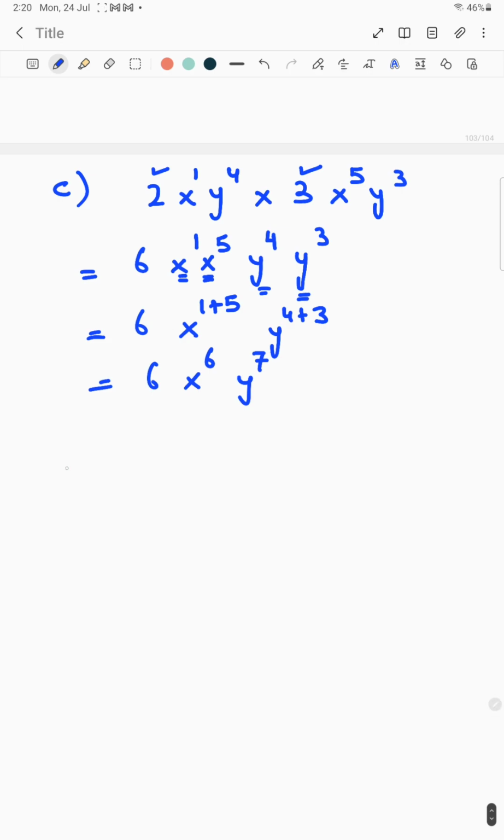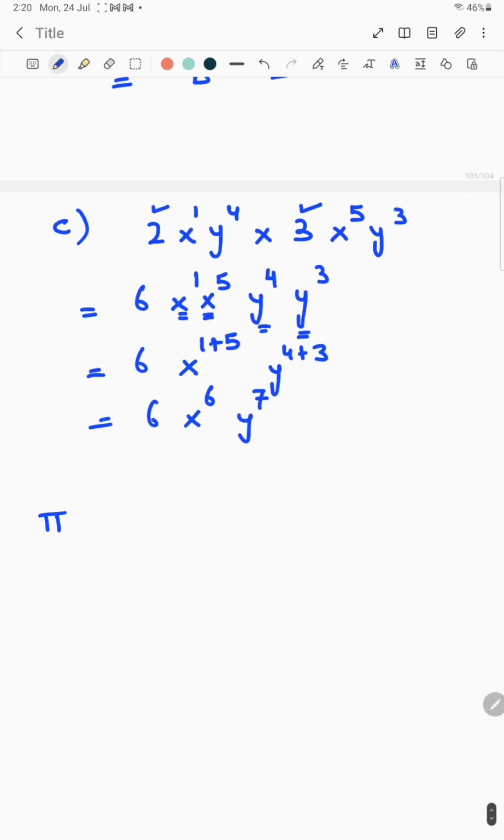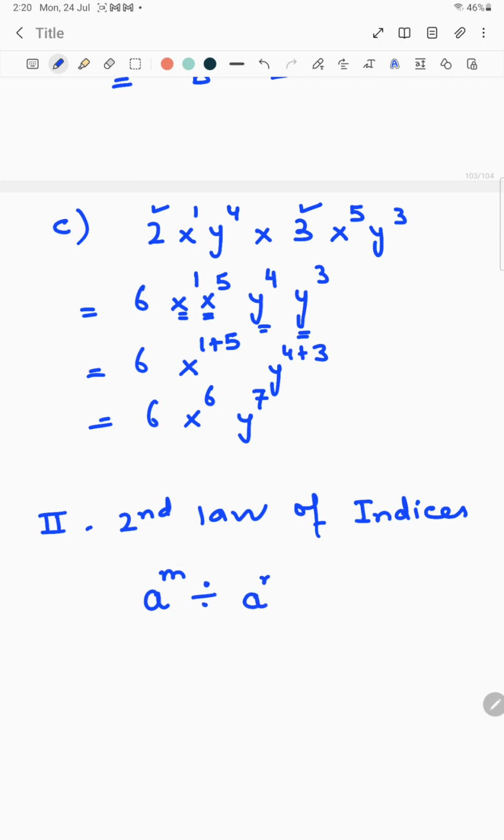Now we will discuss the second law of indices. If you have the same bases, but there is a division sign between them, the powers will be subtracted: m minus n.